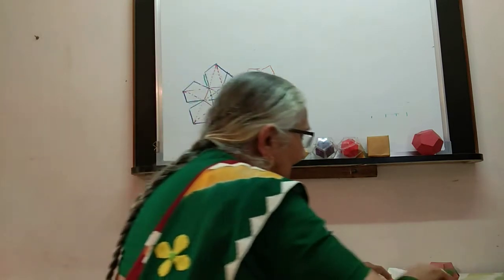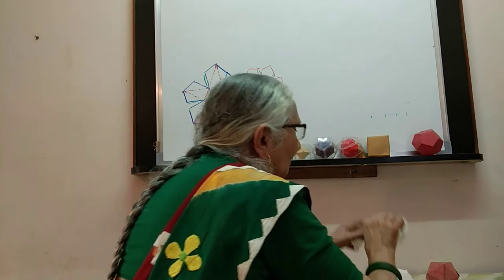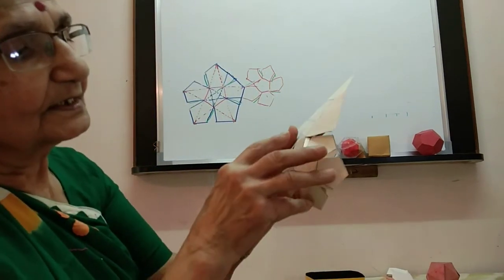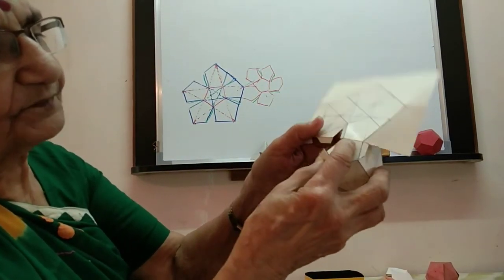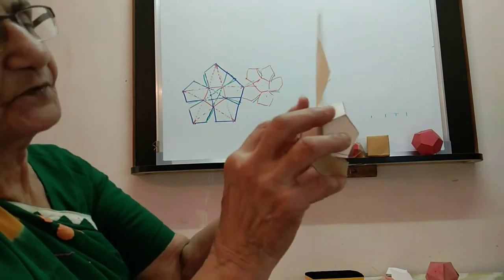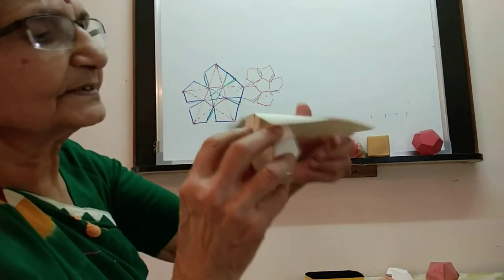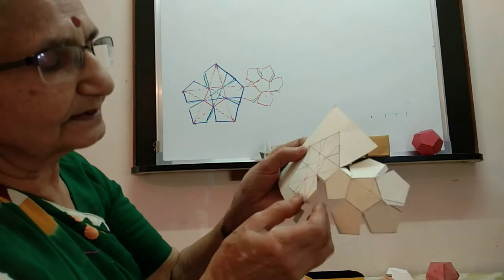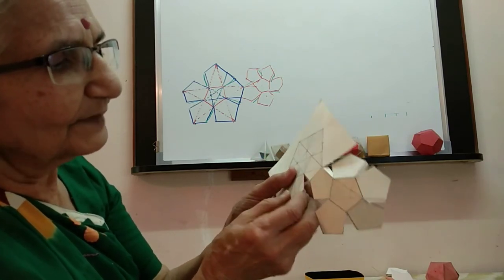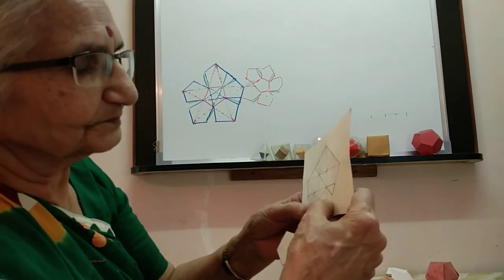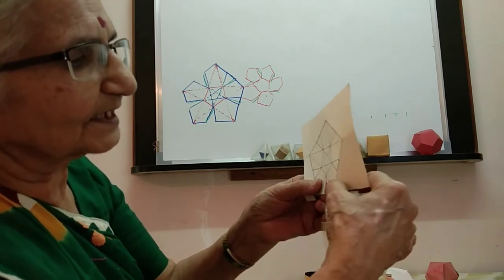Now, when they get together, I would like you to note how they will get together. See, this is the sort of basket that we have formed with one such diagram, and this is the other one. Here I'm not going to fold all of it, but just this much. I have cut one part, the rest I have not cut.